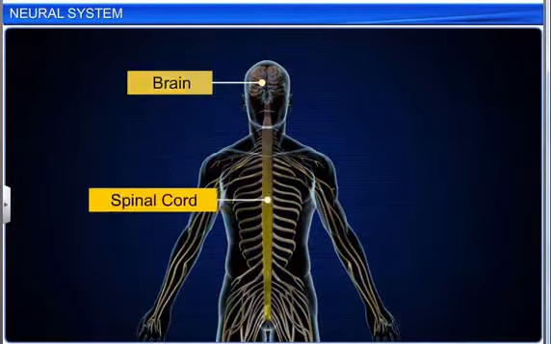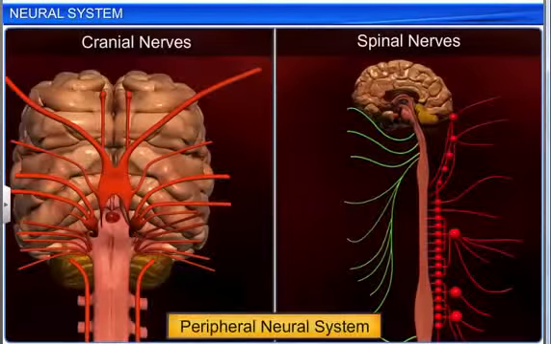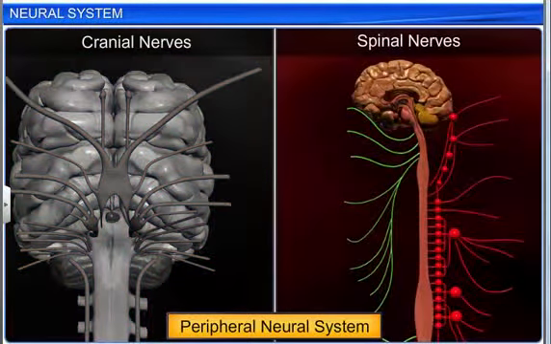The brain and the spinal cord form the central neural system. It is the site of information processing and control. The peripheral neural system comprises cranial and spinal nerves. It controls the voluntary functions of the body.